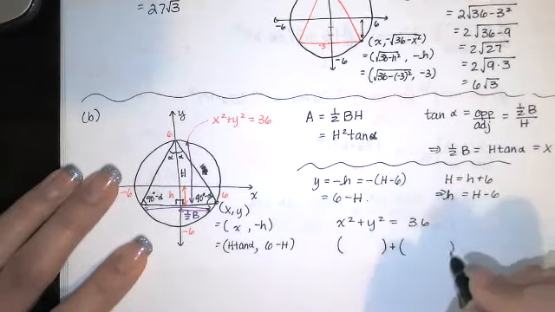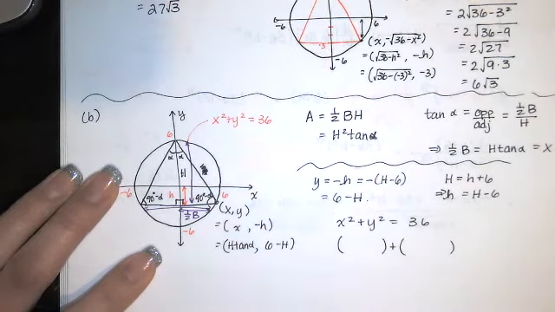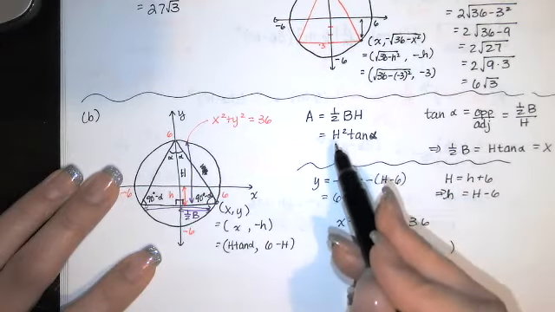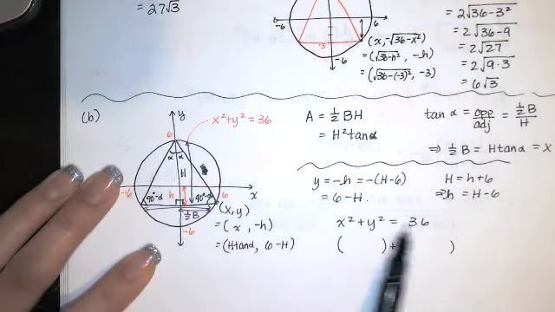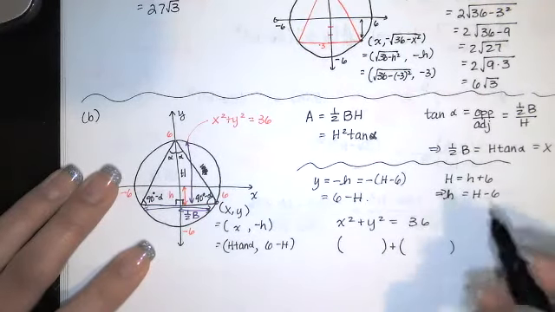So I needed x in terms of h and alpha, and I needed y in terms of h and alpha. So I can get an equation that involved h and alpha, and also brought into the problem solving the fact that x squared plus y squared equals 36 when we're on this circle.